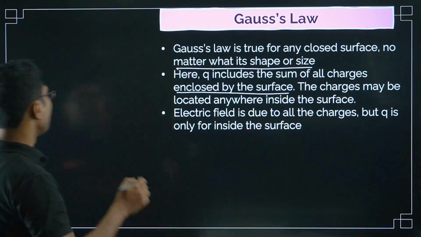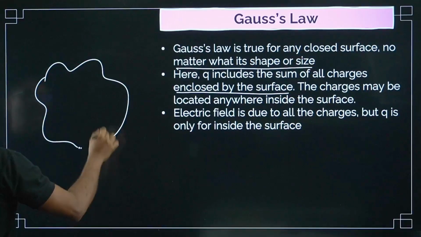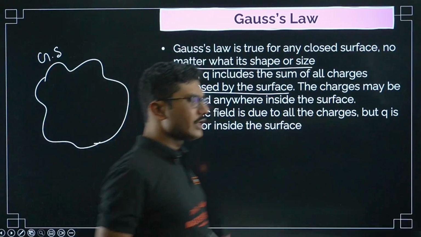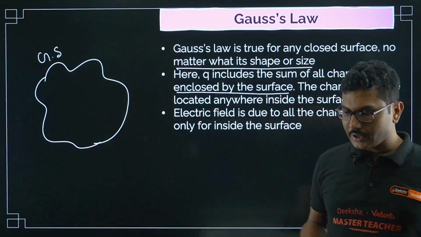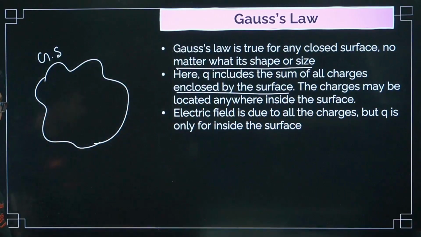Let me explain. Suppose we have a Gaussian surface. The surface that we use in Gauss's law is called a Gaussian surface. We will have a point for that as well.